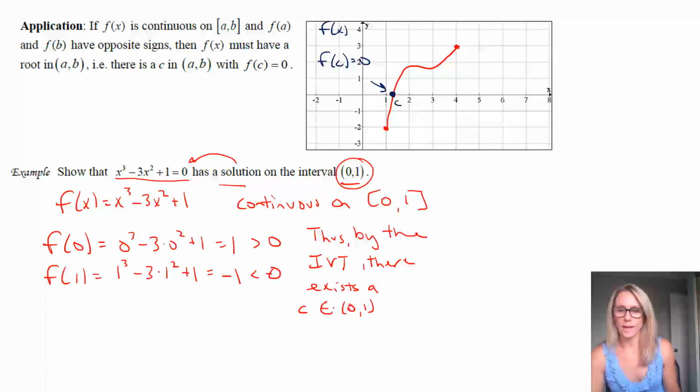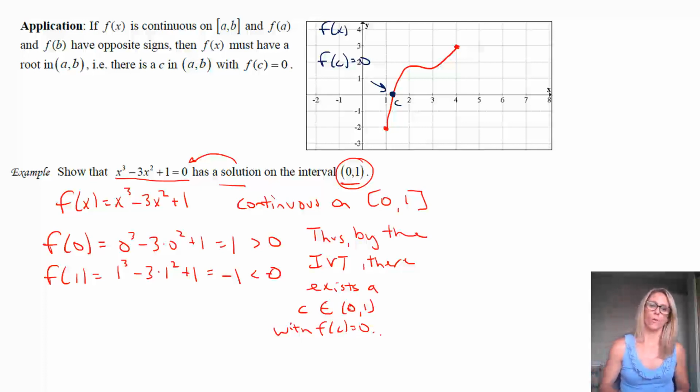This just means is an element of, that's more mathy notation, with f of c equaling 0. So again, a very common use of the IVT. And that is section 1.8.